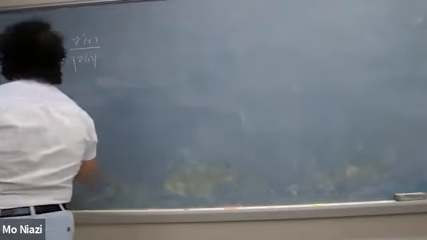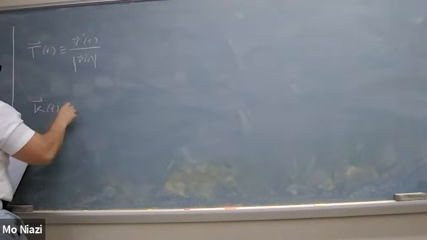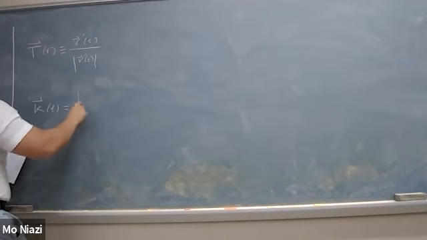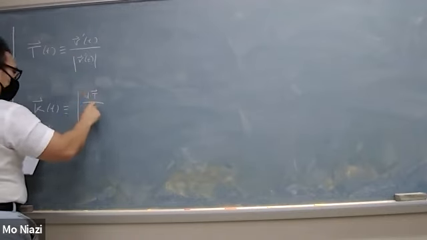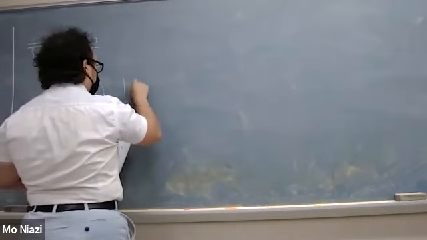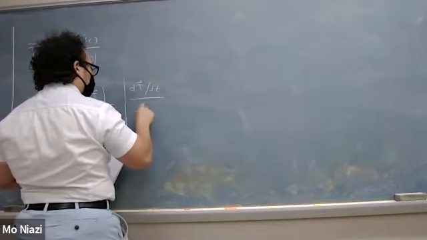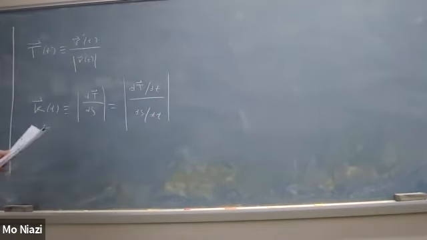Then we define our curvature. We defined it as this quantity. But notice that by the chain rule, we can just say that this is equal to this. When you multiply by reciprocals, the dt's cancel.